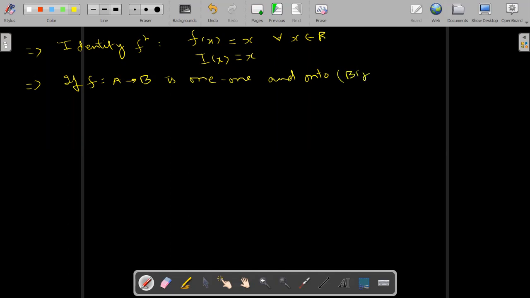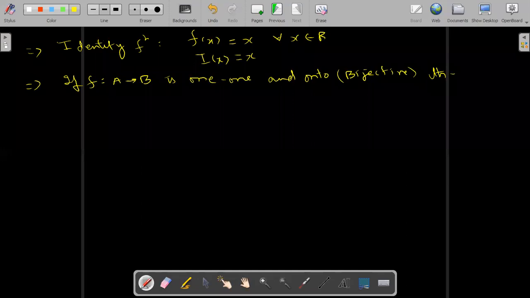It is a bijective function. Then f is invertible, and then we can write its inverse, f inverse.